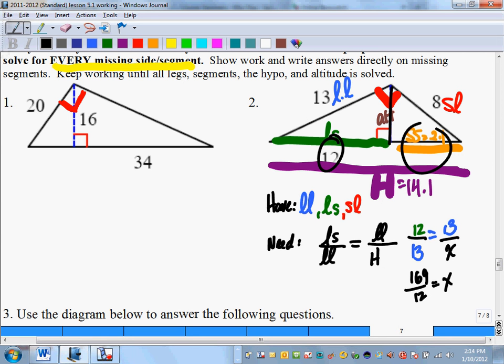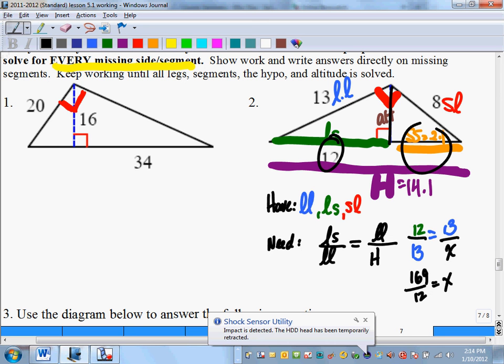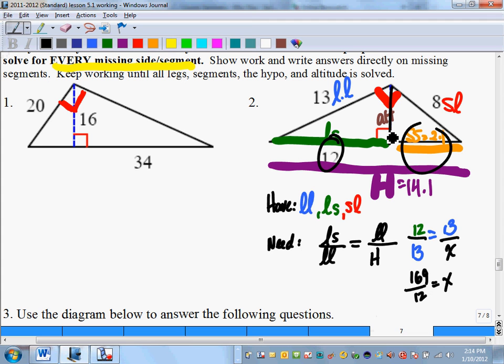Right here under geometric mean. Do you see it? Short and long segments go with that. So this one, short segment over alt equals alt over long segment.